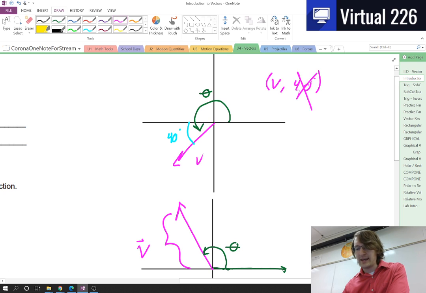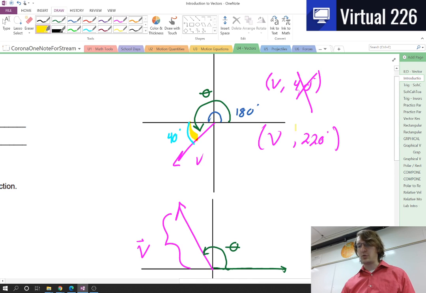That's not going to work. You need to go all the way around from the x-axis, which means it's important to remember that going halfway on a circle is 180 degrees, and going a fourth of the way on the circle is 90 degrees. Because now we can say that 180 plus the extra 40 that we have here gives us an angle of 220 degrees on this vector. And that 220 is actually what we're looking for.